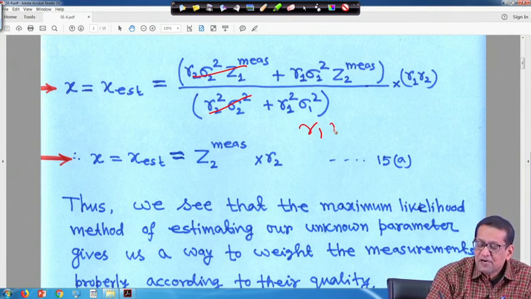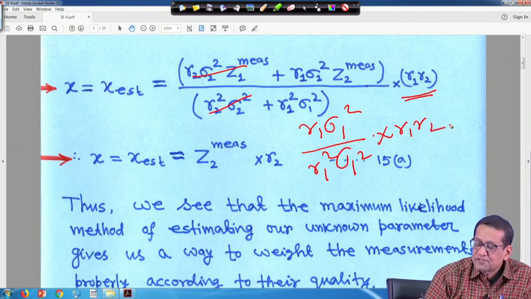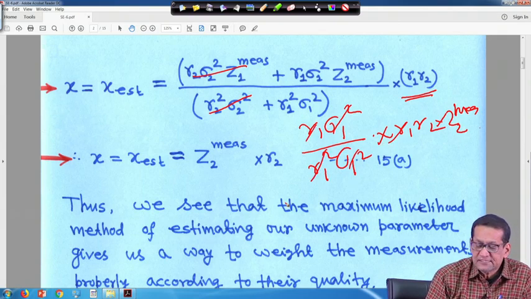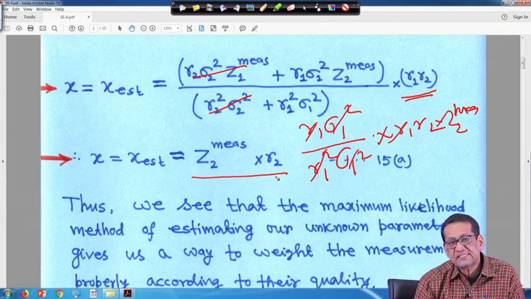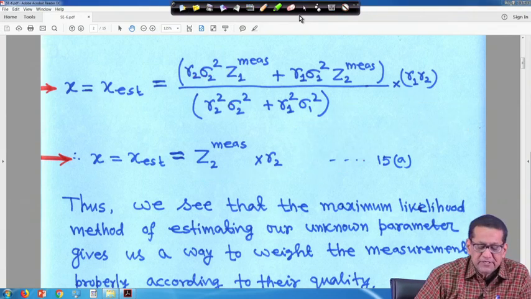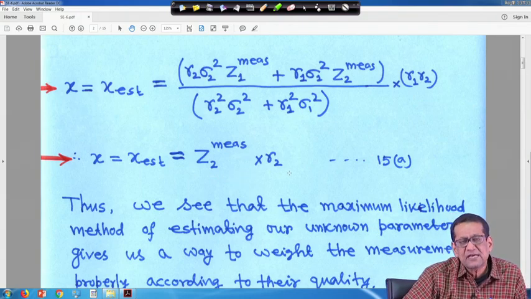So, it will be r1 sigma1 square by r1 square sigma1 square into r1 r2, and sigma1 square into z2 measure, and r1 and r1 square. So, this one will be cancelled, and ultimately it will remain as z2 measure into r2. Therefore, x equals x estimated gives z2 measure into r2, it is an assumption.